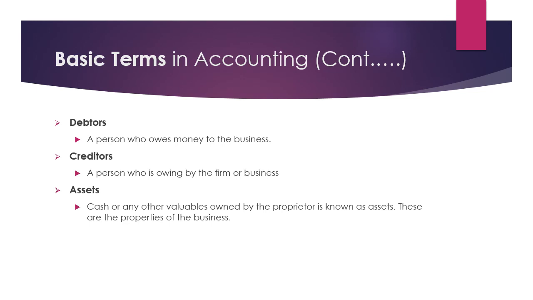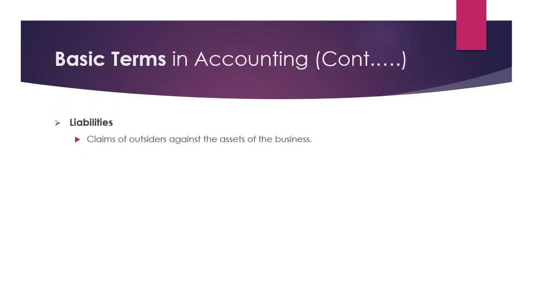Assets. Cash or any other valuables owned by the proprietor is known as assets. These are the properties of the business. Land, building, machines, vehicles, etc. that are in possession of a business are known as assets. The assets can be broadly classified into two: fixed and current assets. Liabilities.